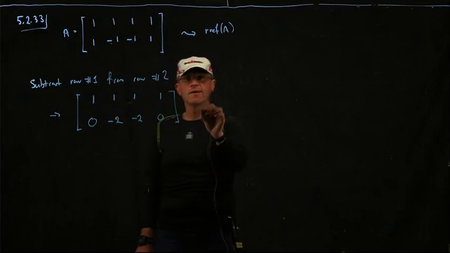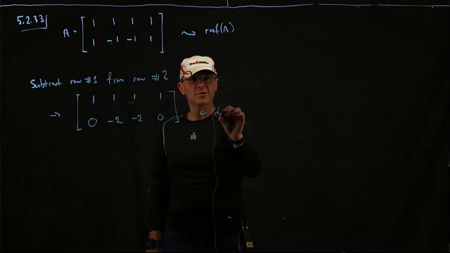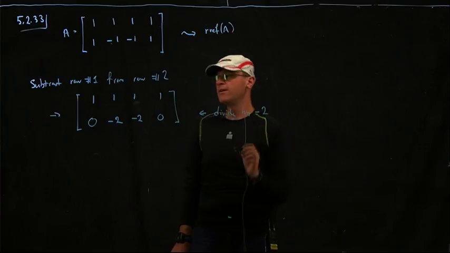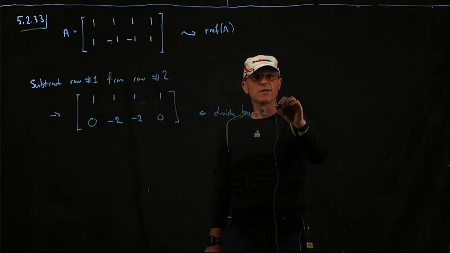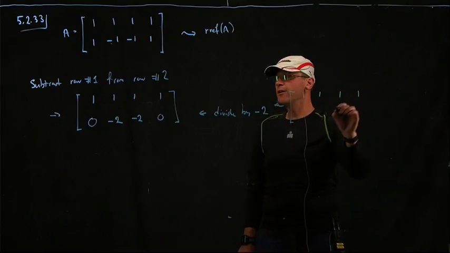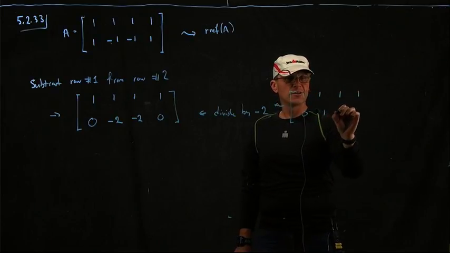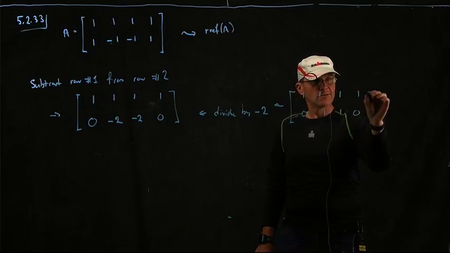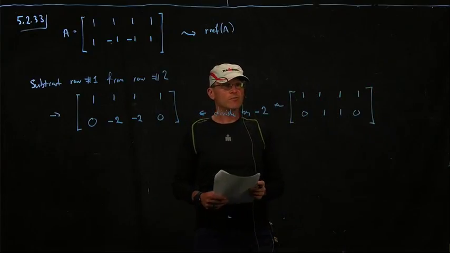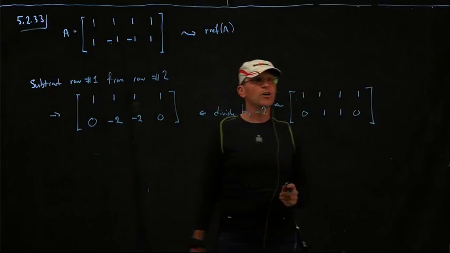And then divide this row by negative 2, and we end up with the matrix 1, 1, 1, 1, 0, 1, 1, 0. So then we are in reduced row echelon form. No, we're not. We're almost there.